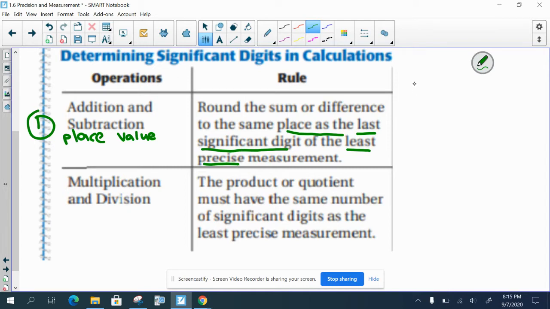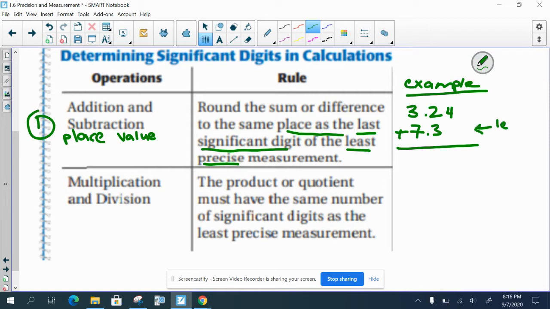So let's look at an example. Let's look at 3.24 plus 7.3. So let's add those two together. So first of all, which one of these numbers is least precise? So this second one would be least precise.